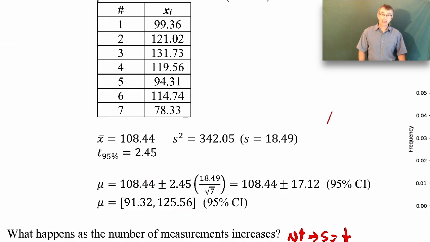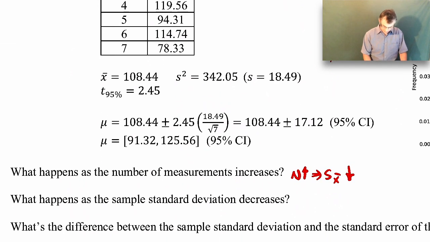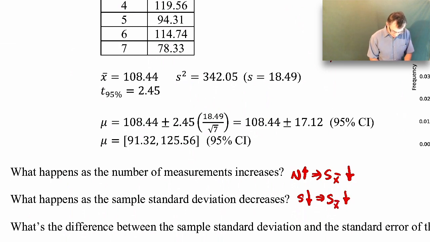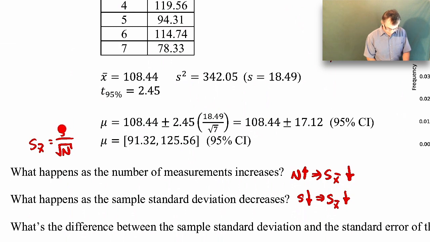Well, in that case, a smaller sample standard deviation will also give us a smaller standard error. Remember again that the standard error, I'll write it over here, is the sample standard deviation divided by the square root of the number of measurements. So if the standard deviation goes down or the number of measurements goes up, our standard error gets smaller.